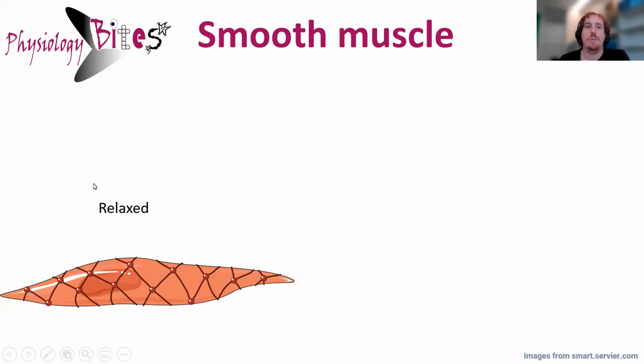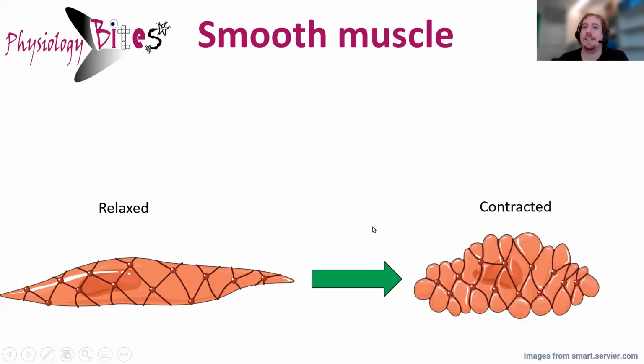So when we look at smooth muscle in its relaxed state, you can see that it's this elongated cell with a single nucleus. Nothing too remarkable about it when you compare it to other cells. What makes smooth muscle interesting and different to other cell types is that it can contract. It can move from this relaxed, elongated state into this bunched up, contracted state. When it's bunched up like this, it changes the width or height that it takes up in a tissue.